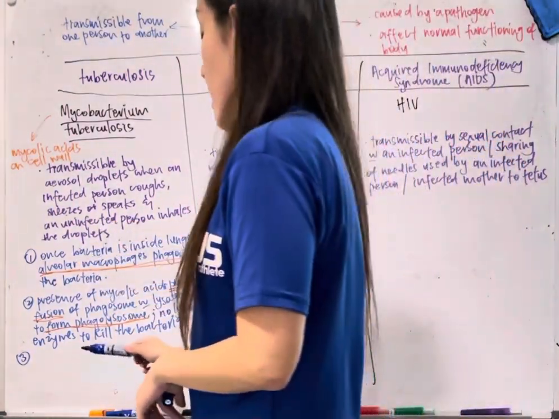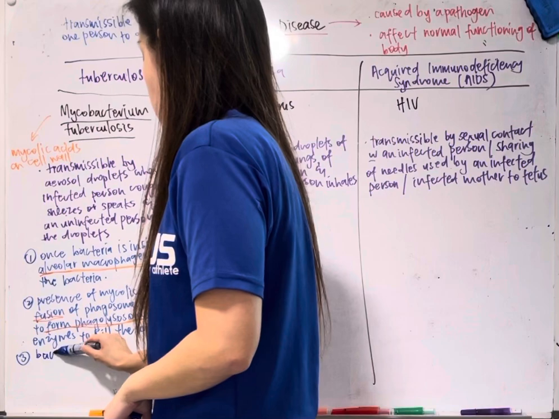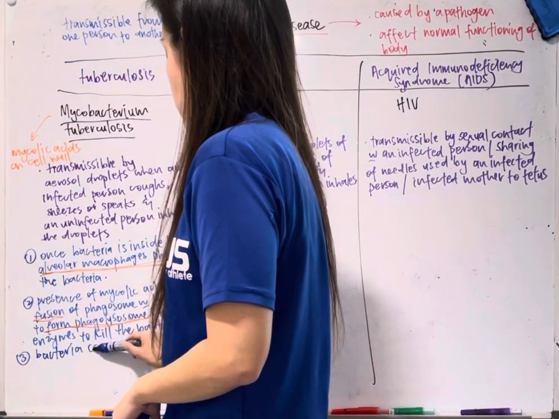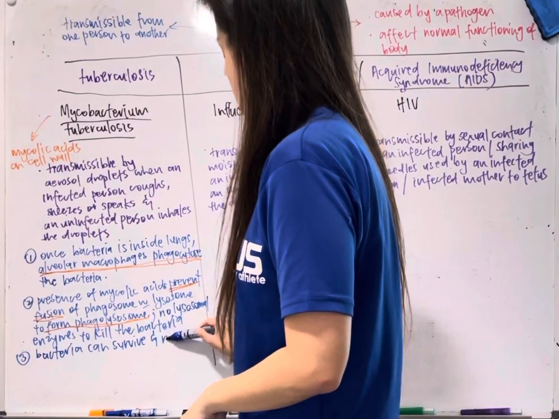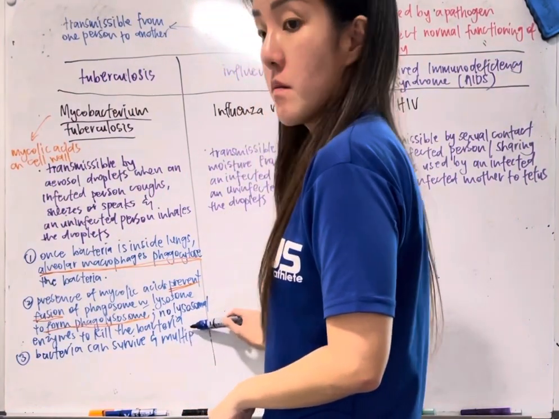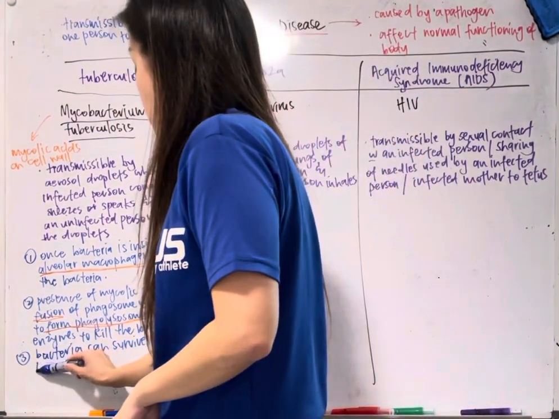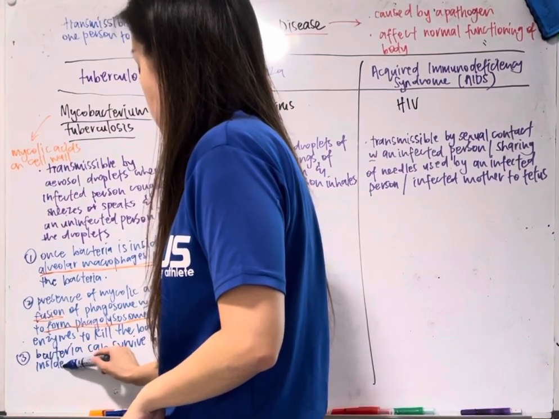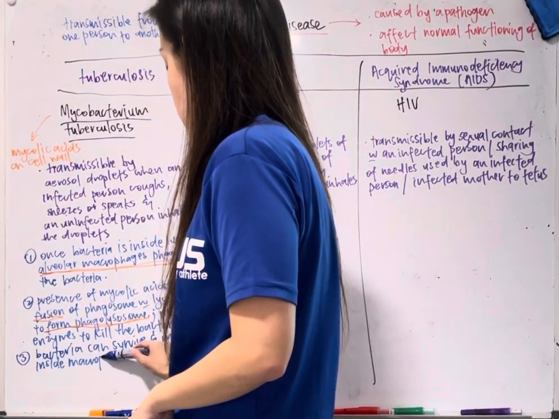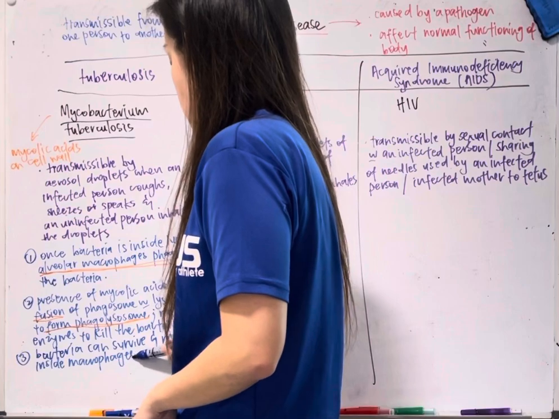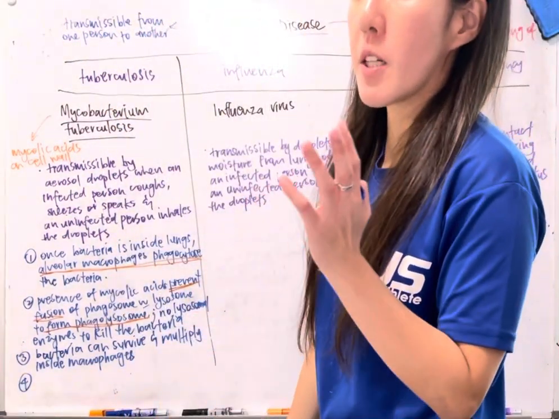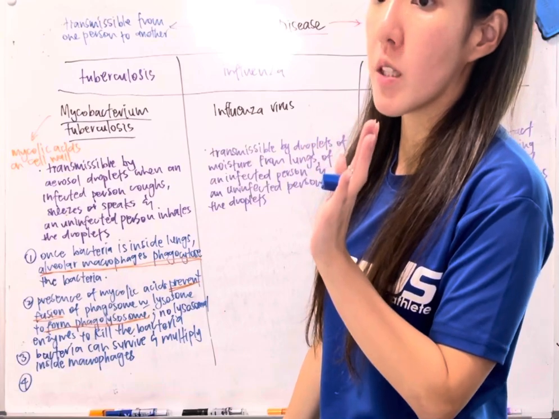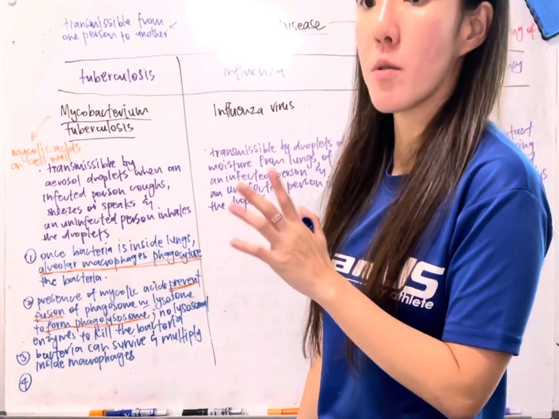Number 3, the bacteria can survive and multiply. So when they survive, your macrophages will try to recruit more immune cells to eventually form a tubercle.